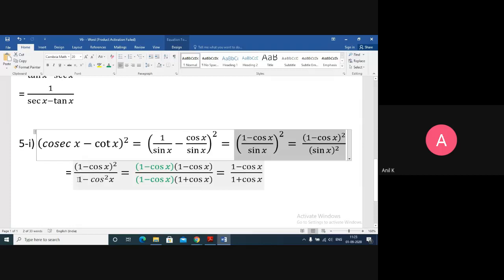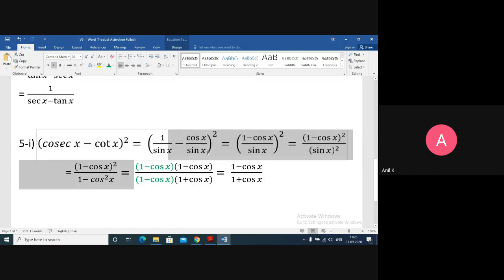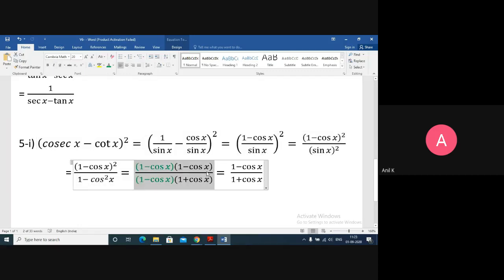Then here, in the denominator, I replace sine square x with 1 minus cos square x. Then again I use an algebraic formula: in the numerator, a square I have written as a into a, and the denominator is a square minus b square, which I have written as (a minus b) into (a plus b).